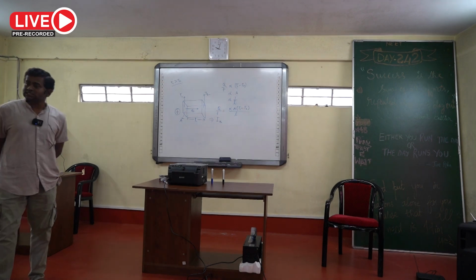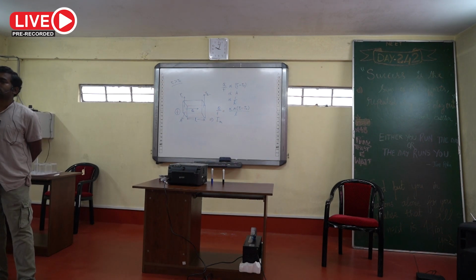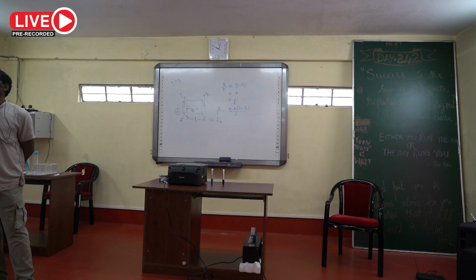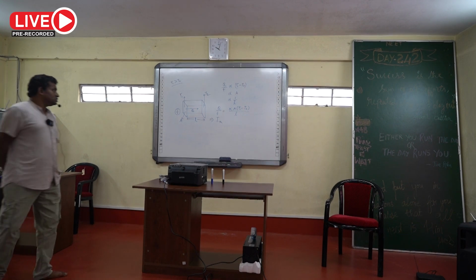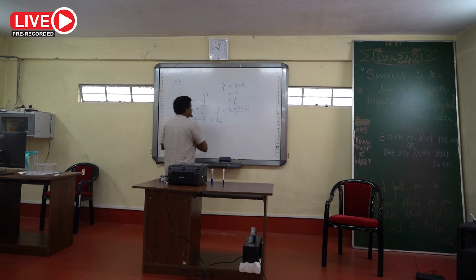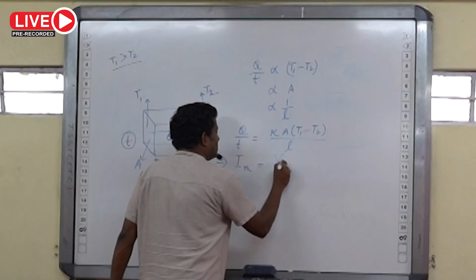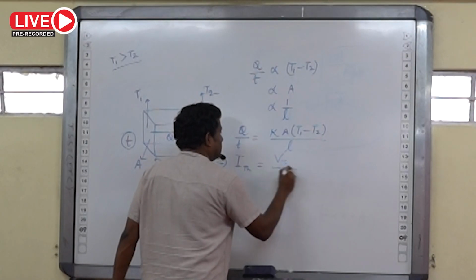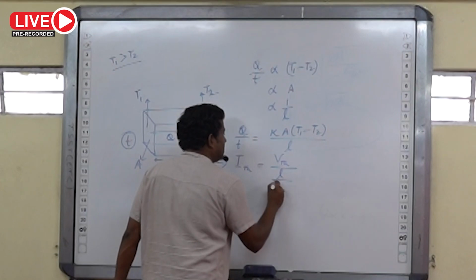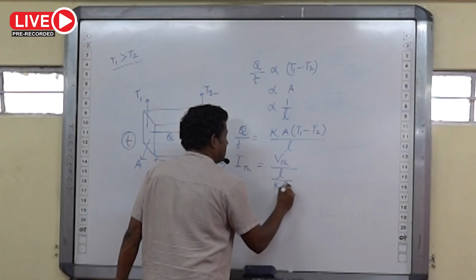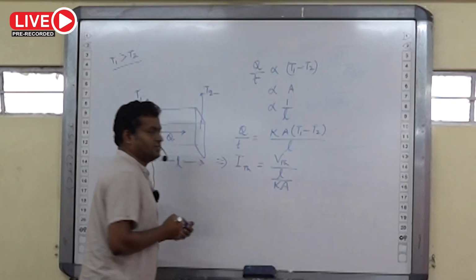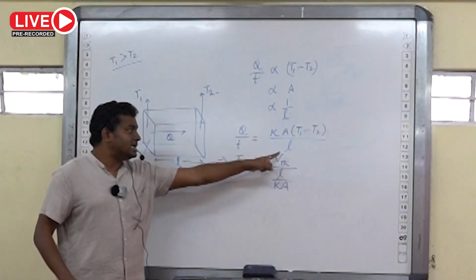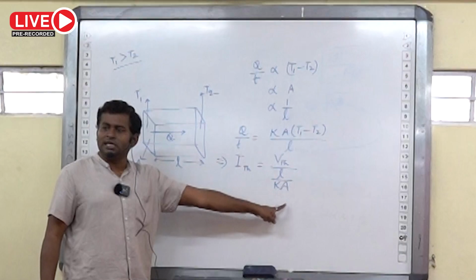So T1 minus T2 can be considered as thermal potential difference or thermal voltage. So you can write this as V thermal. Then write this term as L by KA, taking KA in the denominator.